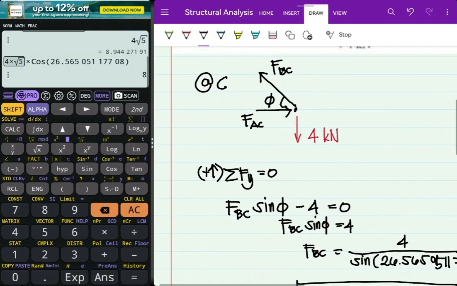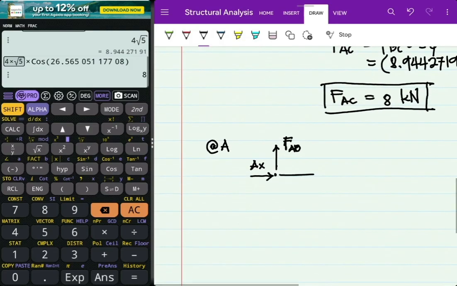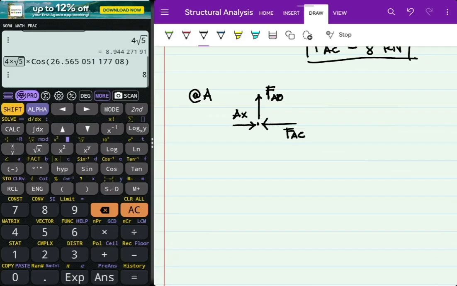Now AC here is compressing towards the point, so we have to stay consistent. So therefore this is also force AC. Now summation of forces x is equal to 0, assuming to the right positive. So this is AX minus FAC is equal to 0.